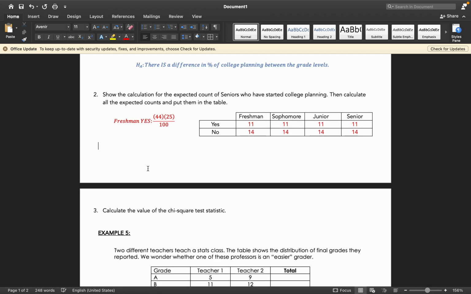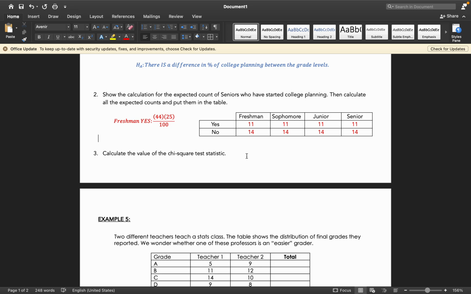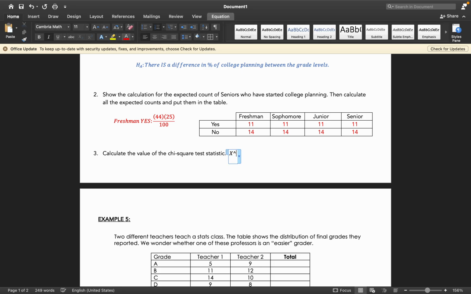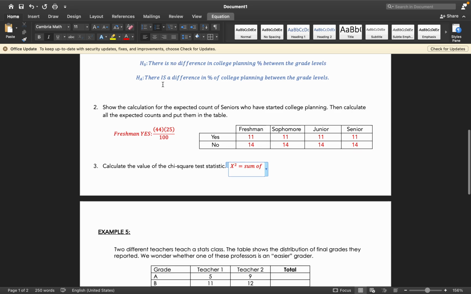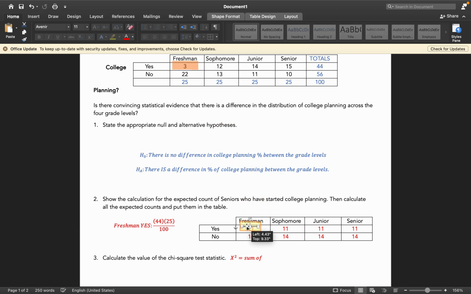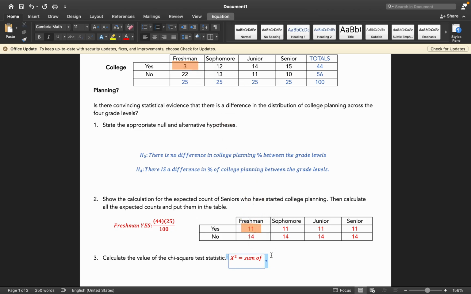And then if I wanted to calculate the chi-squared test statistic, my chi-squared is going to equal the sum of the difference between the observed freshman yes and the expected freshman yes.